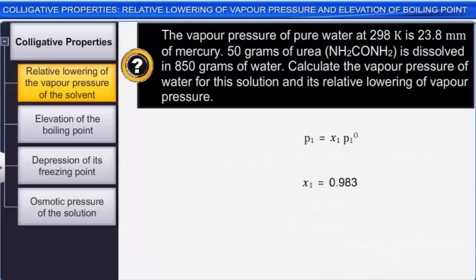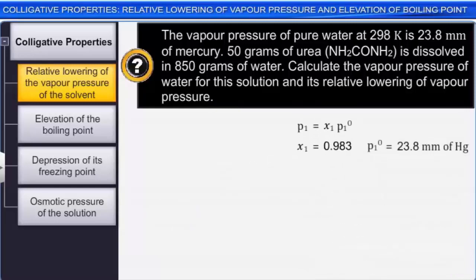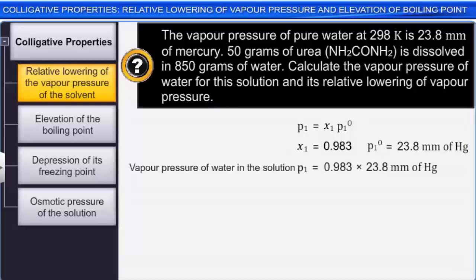Substituting this value of X1 in the expression, we get the vapor pressure of water for this solution, P1, is equal to 0.983 multiplied by 23.8, which is equal to 23.395 mm.